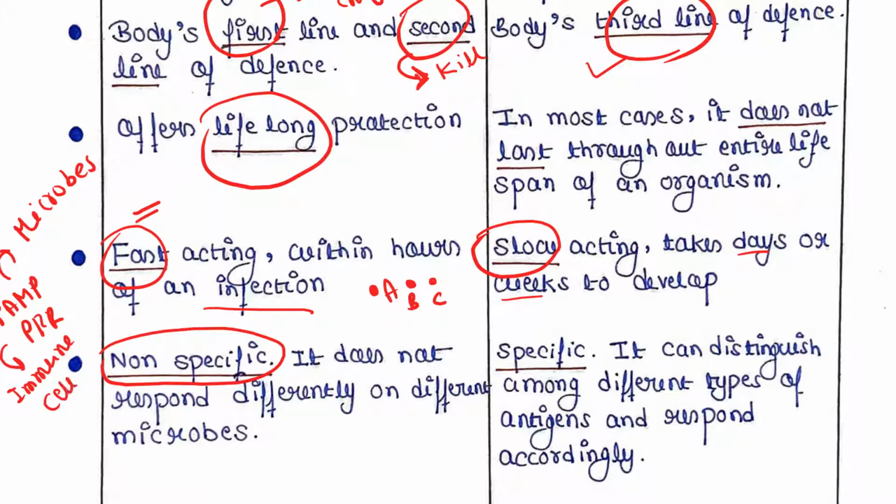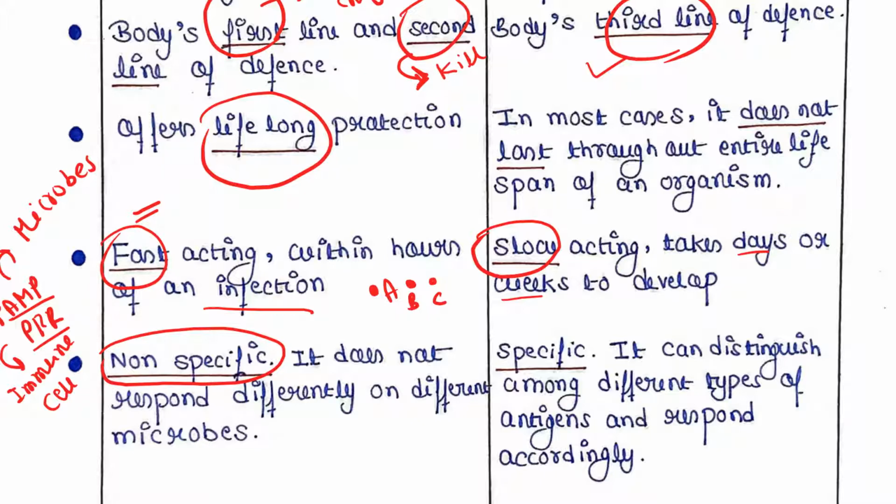When interaction between PAMPs and PRRs occurs, it activates the innate immunity, and our immune cells can kill the microbes. But that is non-specific. It does not respond differently to different microbes.